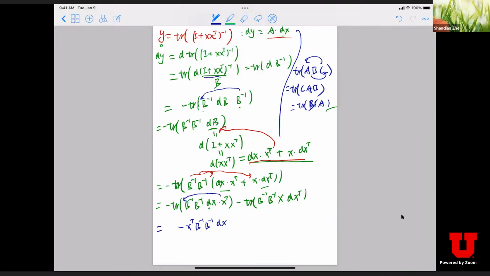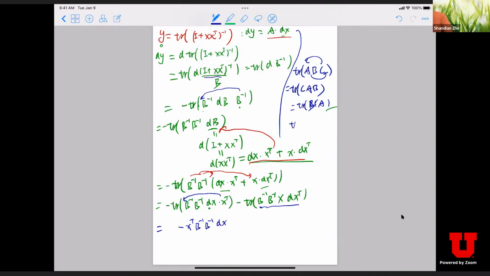So now let us look at the second term. For the second term, we're going to leverage another property of the trace operation.